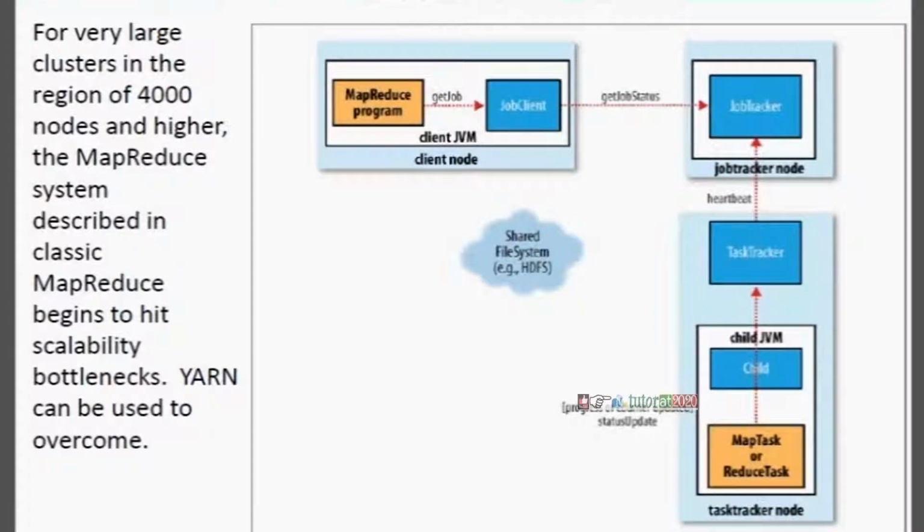We are in the big data world. People are using a number of data nodes, hundreds of them. If you have 10 data nodes or 5 data nodes, those people are still using MapReduce 1 only.